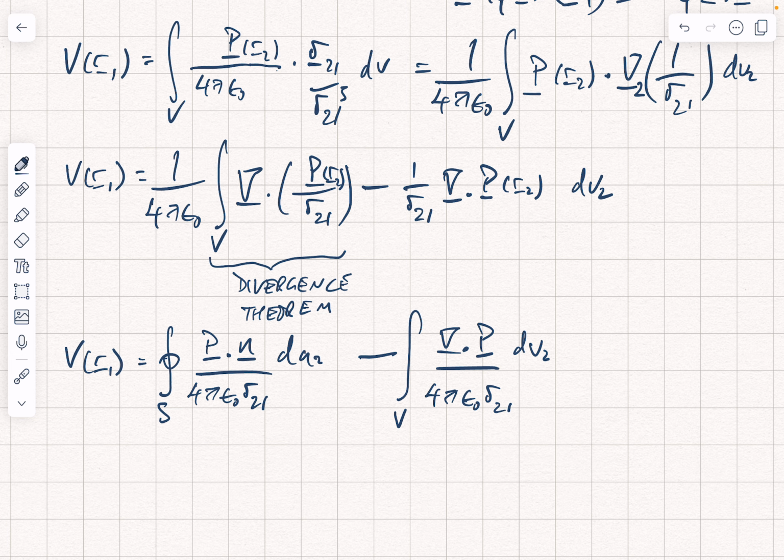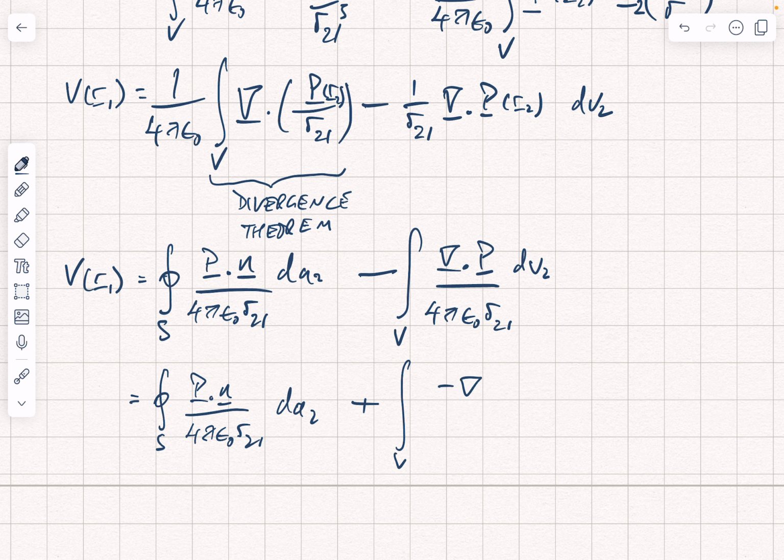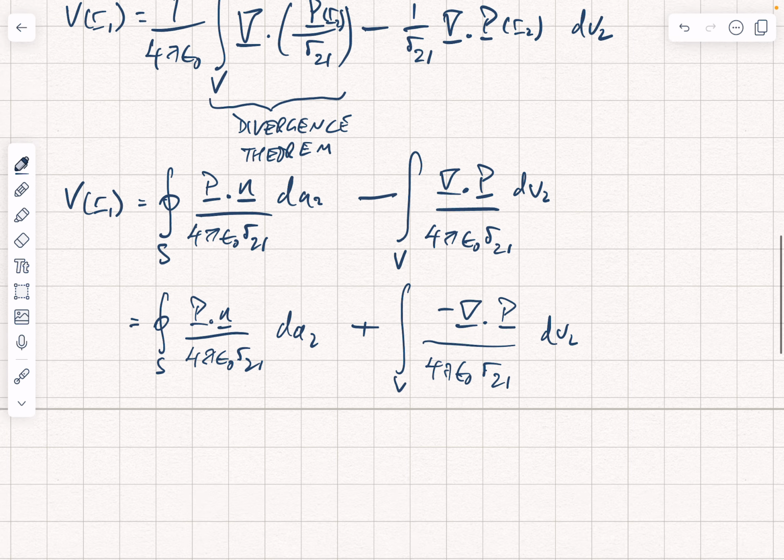If we wanted to, we could bring the minus sign inside that volume integral. And so we have a closed surface integral of P dotted with N over 4 pi epsilon naught R21 dA2, plus the volume integral of minus div P over 4 pi epsilon naught R21 dv2.